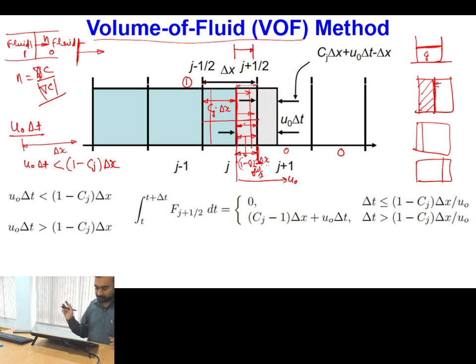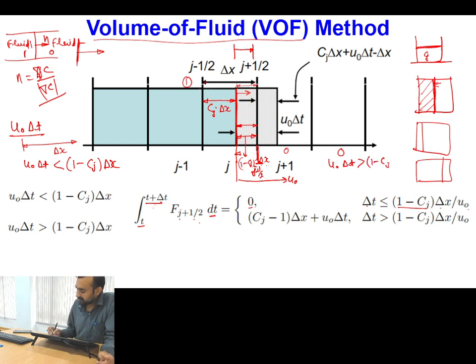So that's why you can see over here the integration of f at j plus 1 by 2 dt from 0 to delta t will be 0 when delta t is less than or equal to 1 minus cj delta x by u naught. Are all clear with this point or not? When u naught into delta t is greater than 1 minus cj into delta x, then what will happen?